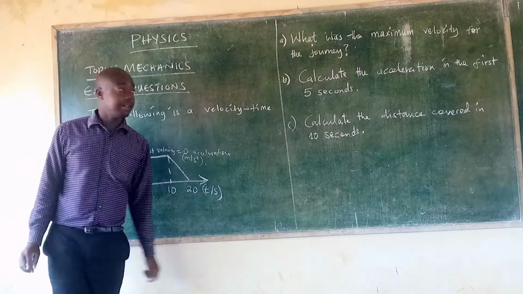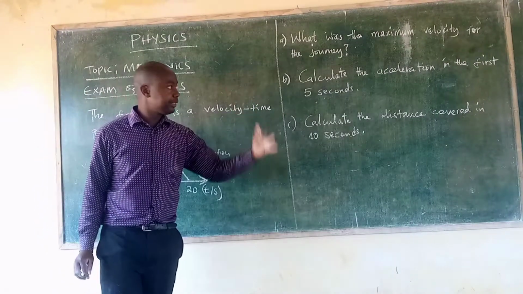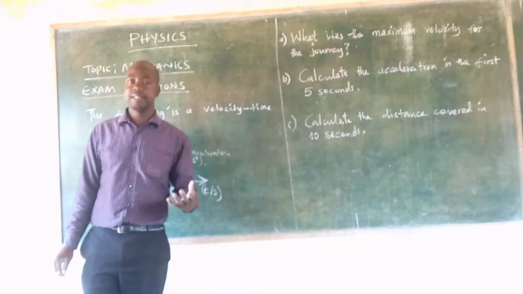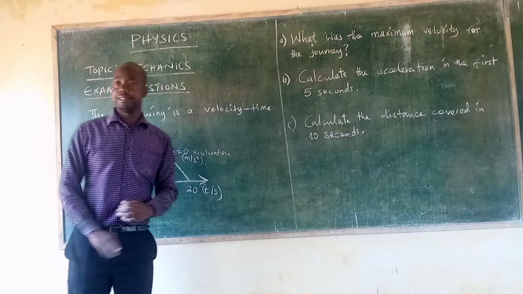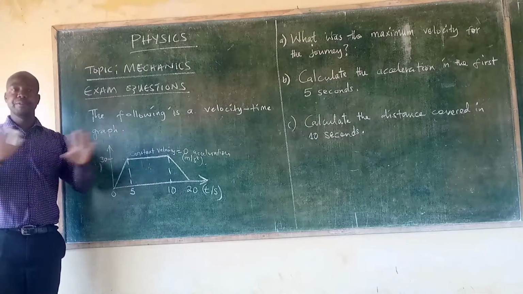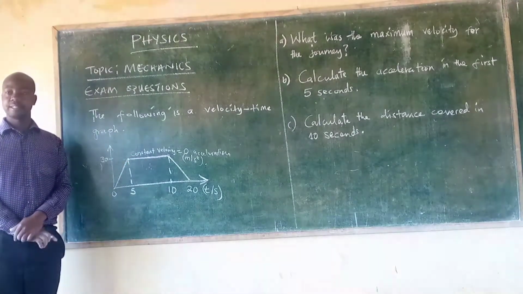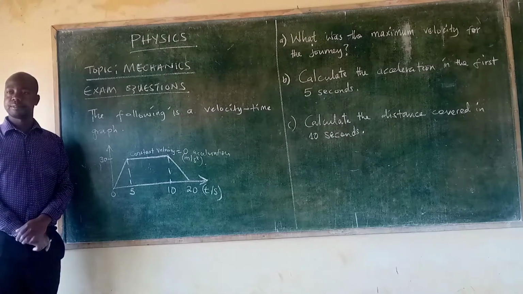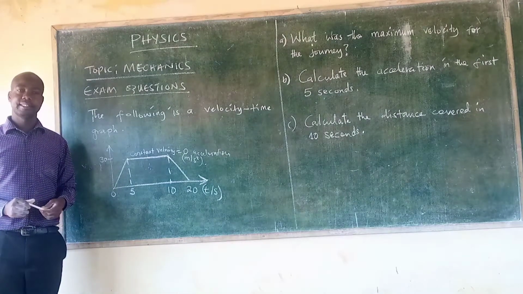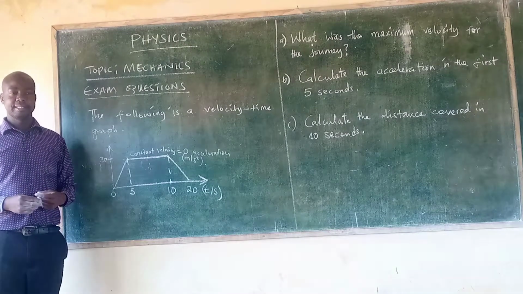Now, let's look at our question. What was the maximum velocity for the journey? When they say maximum velocity, they mean final velocity. What was the final velocity reached for this journey? 30 meters per second.